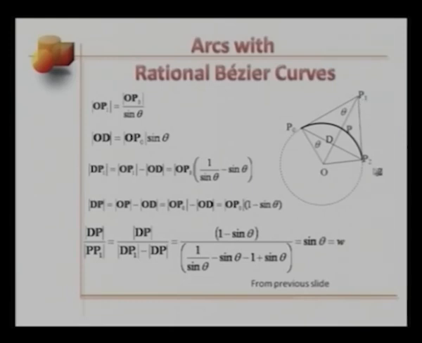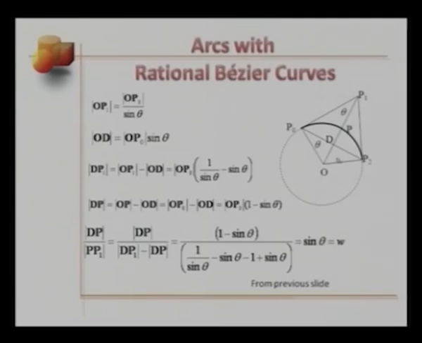In other words, if we assign the weight W0 and weight W2 as 1, we will need to assign weight W to P1 such that W is equal to sine theta, but theta is this angle, which is also the same as this angle.